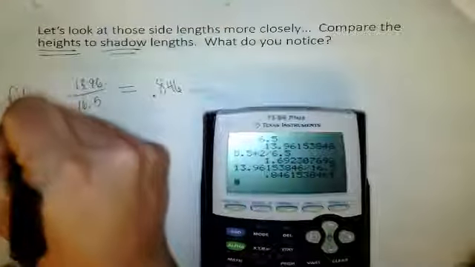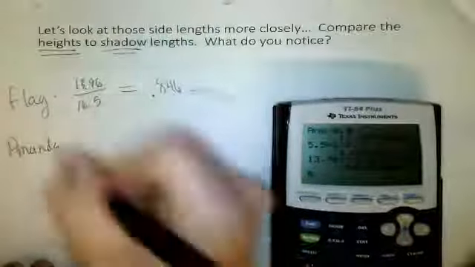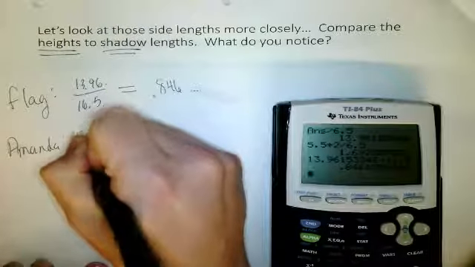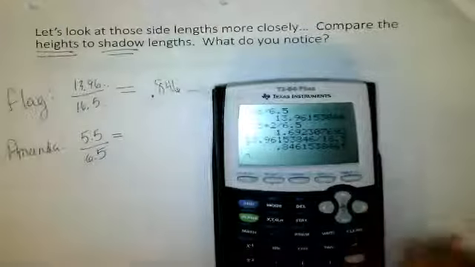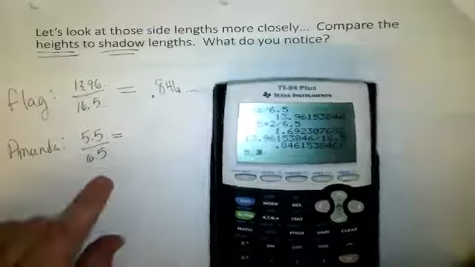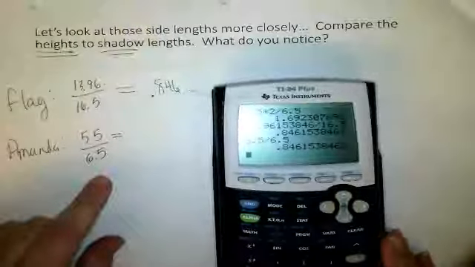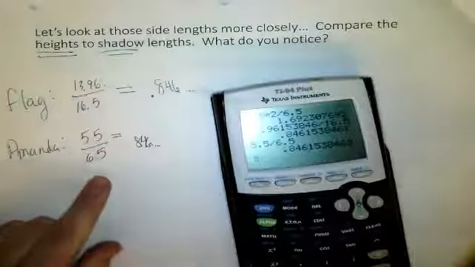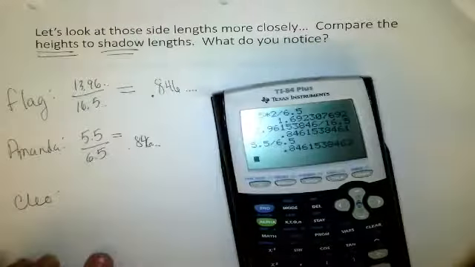Okay. Let's look at Amanda. Amanda's, mine, height was 5.5, and my shadow length, what was it, 6.5? Okay. So again, if I compare my height to my shadow, it was, hey, 0.846. That's kind of interesting. Huh. And then I look at Cleo.